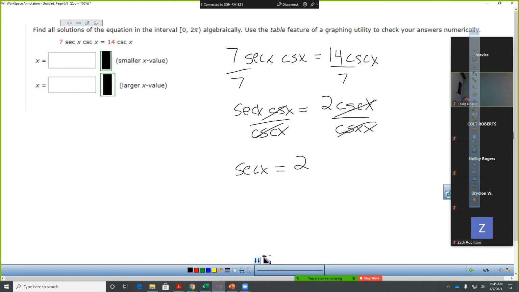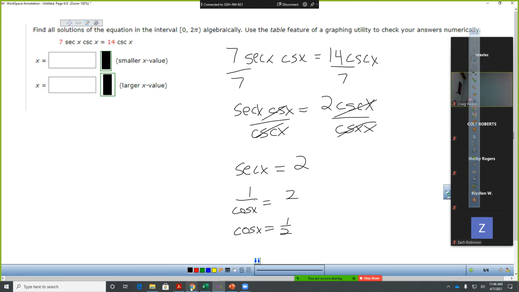Now, for my unit circle, I need it as a cosine, right? This is what we did earlier. 1 over secant of x is equal to 1 over cosine of x equals 2. And then when I solve that, that means cosine of x equals a positive 1/2.